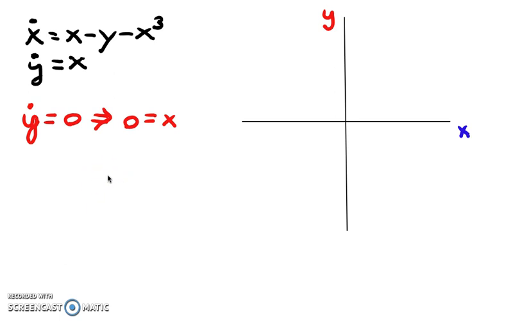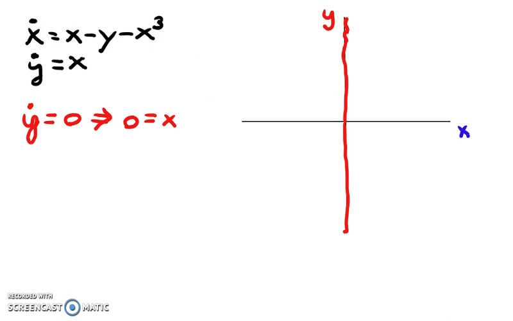So the set of points in the plane that are on the y nullcline all satisfy this equation, x equals 0, and that corresponds to a vertical line, which I'll sketch in on the phase plane. Still getting used to my pad, so some of these lines might not be as straight as we would like, but that's the y nullcline.